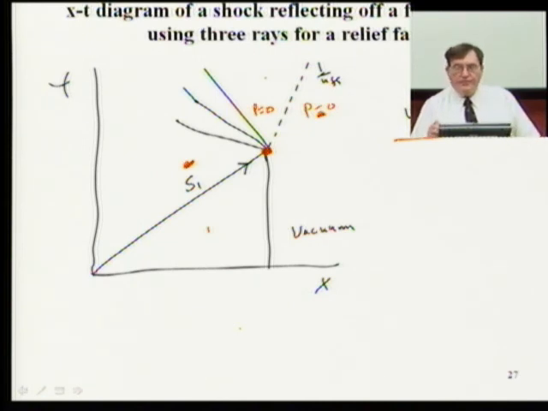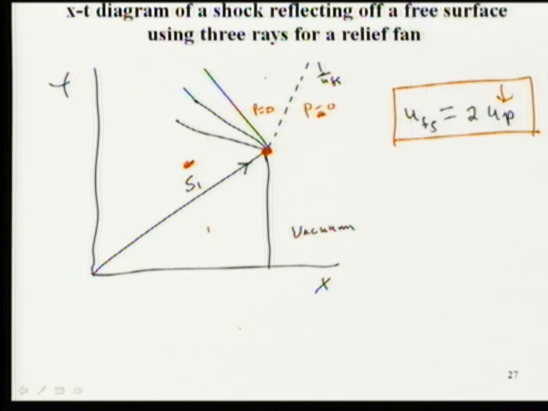And this is very useful in experiments where you want to know what the particle velocity is inside the plate behind the shock, but you can only measure the free surface velocity. It turns out in a fluid this is exact. If it's solid, it's not. And so at high pressures for a solid, this is still a good approximation.